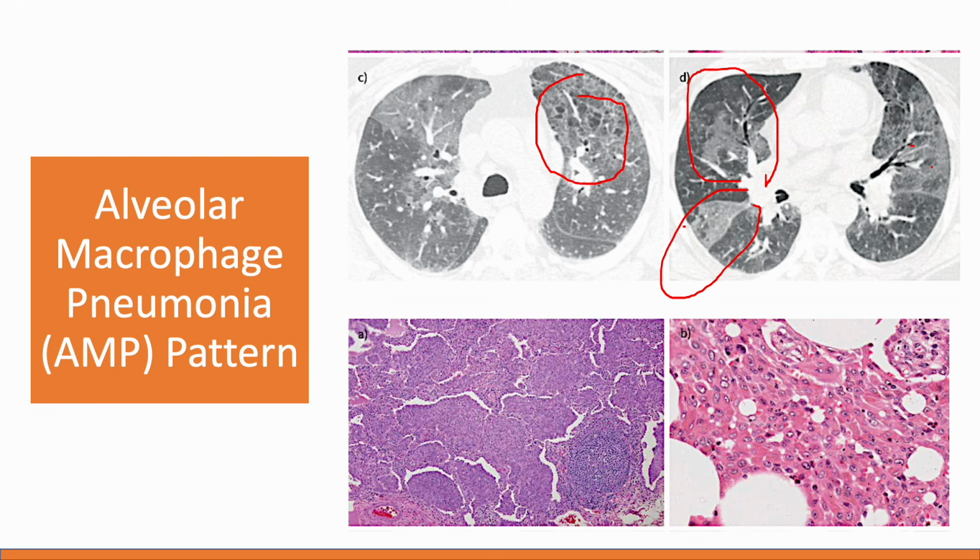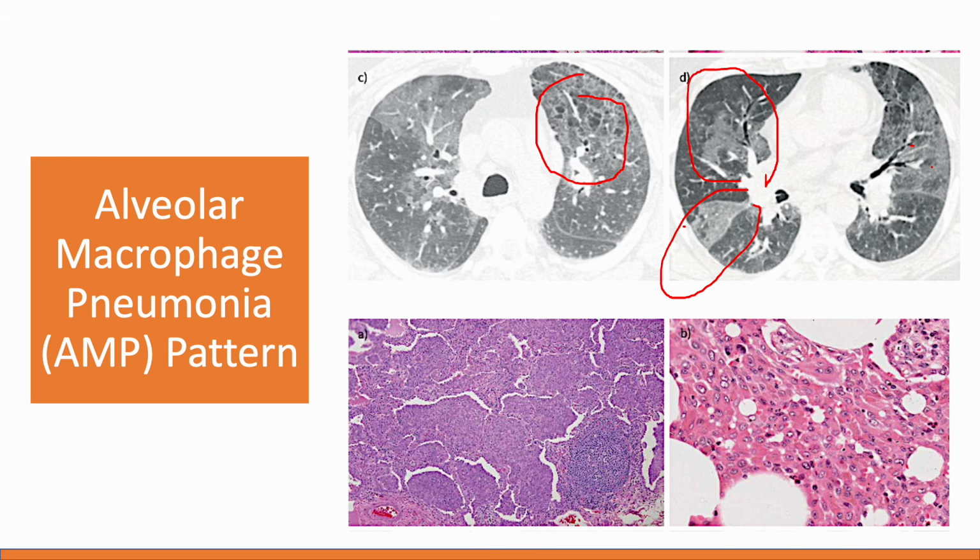Pathologically, the lung biopsy usually again shows, like the name suggests, diffuse expansion of alveoli with macrophages with some chronic inflammation. And the major feature would be the alveolar macrophages filling the alveoli. So, diffuse involvement, uniform within the air spaces, and diffuse arrangement of macrophages.